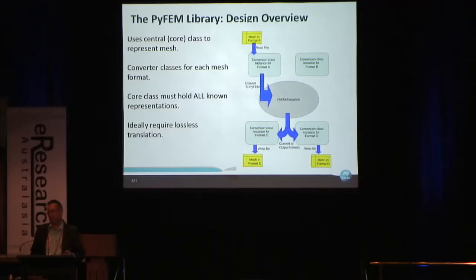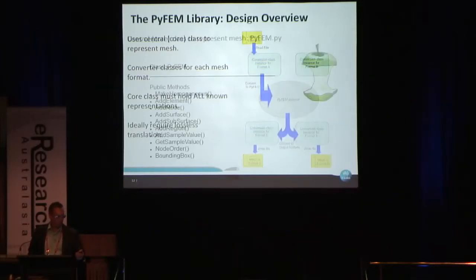Such that we can convert any one particular format into another without having to write direct conversion or translator classes for format A to format B. All we have to do is convert it into a PyFEM instance and then from there write it out. Ideally, of course, you want a lossless conversion. That's never going to happen, but we do manage to, within constraints, keep all the data that is in the input files. I'll talk about that in a minute.